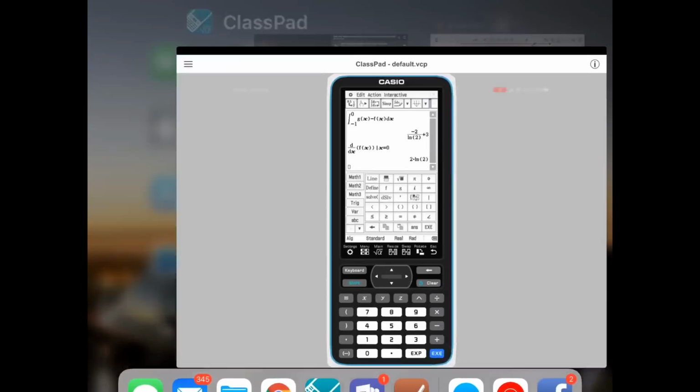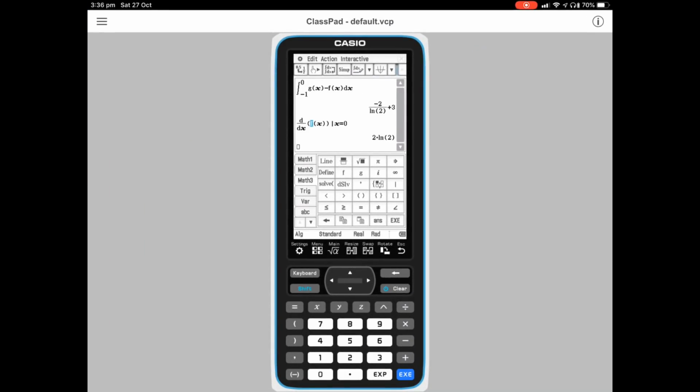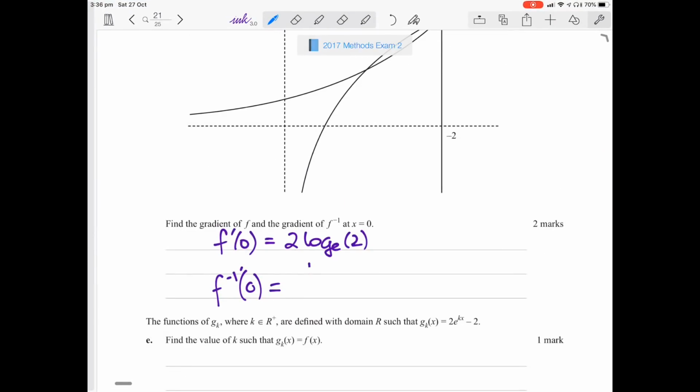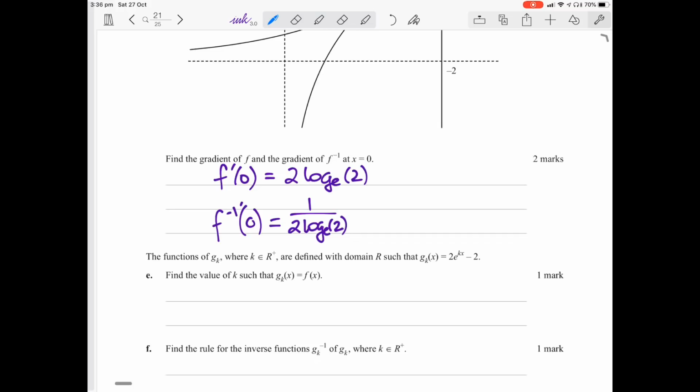So for f inverse, we do the same thing but this time we use g, giving 1 on 2 log e2. Okay, so one's the reciprocal of the other, the inverse is.